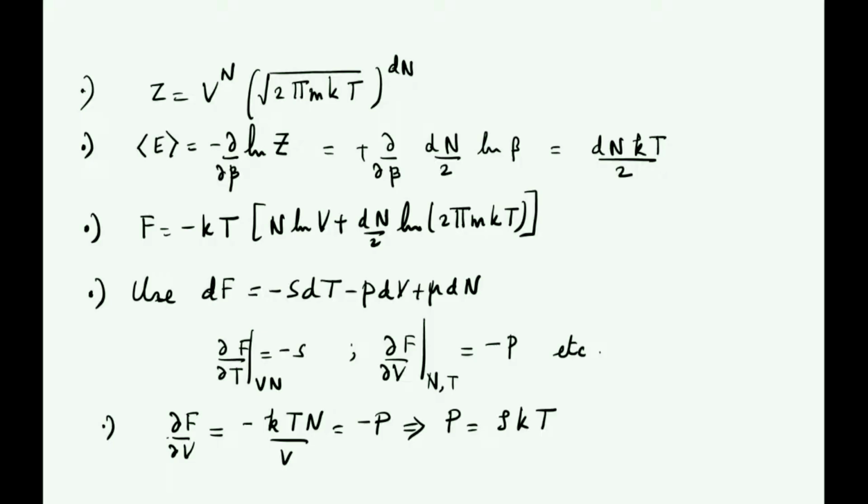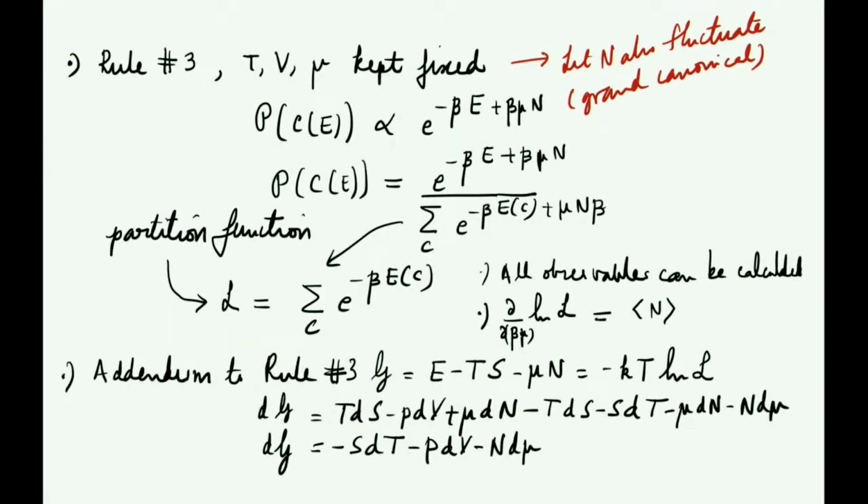Okay. So with these two rules, now we can generalize to any other ensemble, ensemble meaning what you keep under constraint, and the corresponding thermodynamic free energy. Let me run you through the next rule, number 3. Suppose you kept the number of particles not fixed, but the chemical potential fixed.